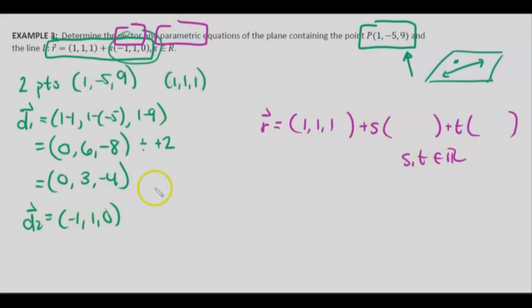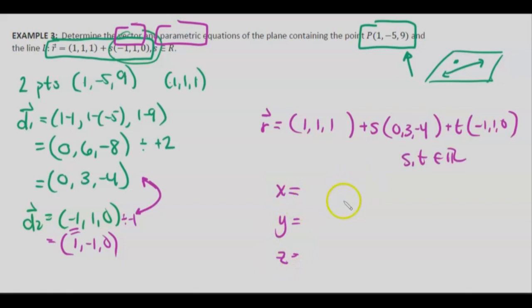So our first direction vector is 0, 3, -4. Doesn't matter what order you put these in. And our second direction vector is -1, 1, 0. Again, if you don't like this leading number to be negative, you can find that scalar multiple, which would be 1, -1, 0. You could just divide each of these by -1, and it still works.